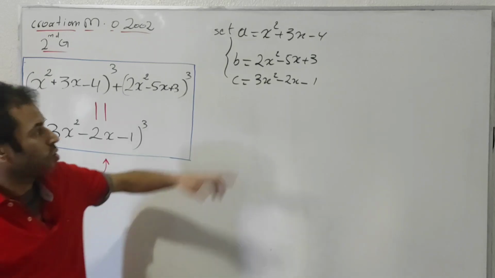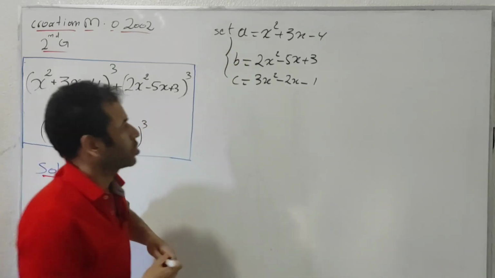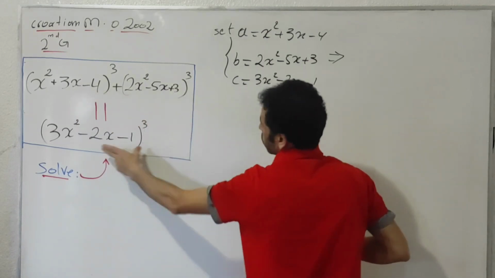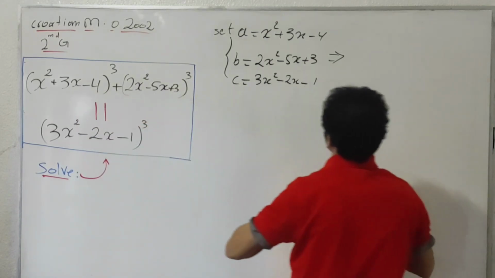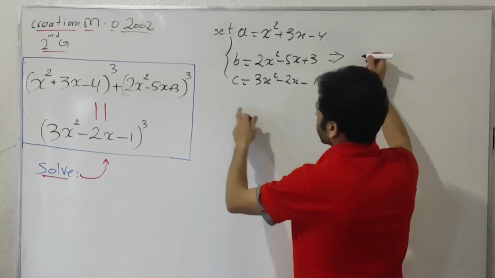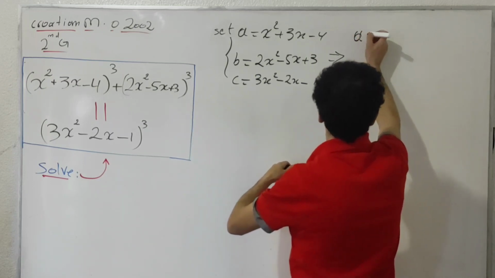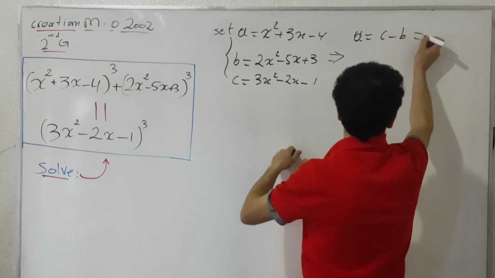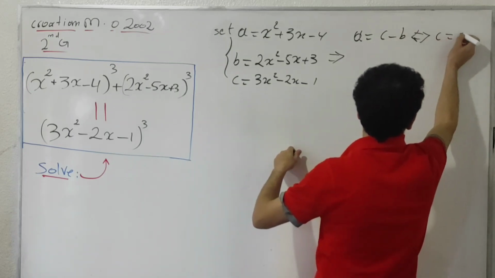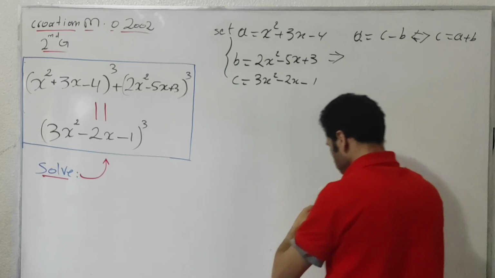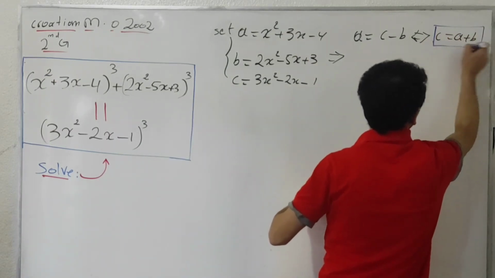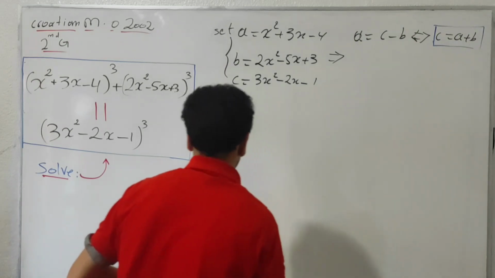Now since I know the relationship between these three expressions, I'm going to combine them. This expression is a result of this one minus this one. So I will have A equals C minus B. In other words, C equals A plus B. This is the relationship between these terms.